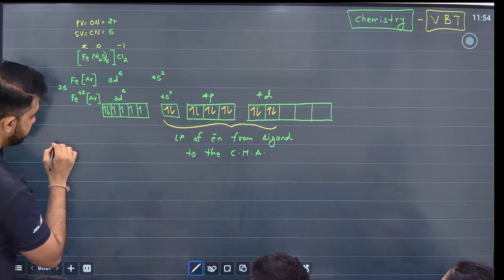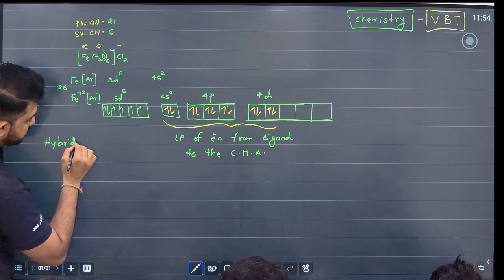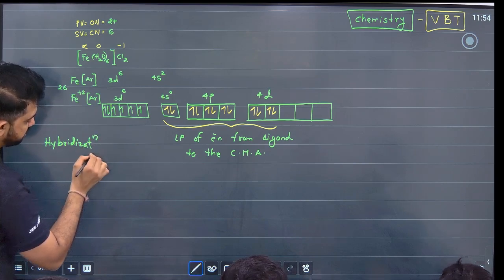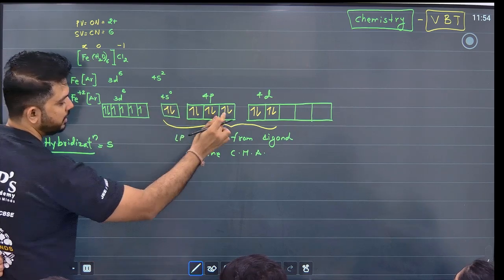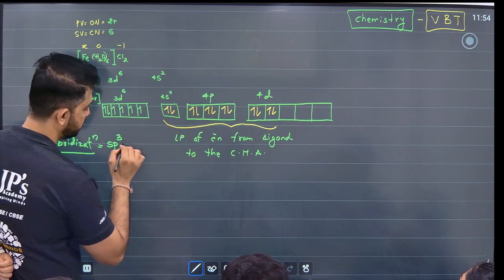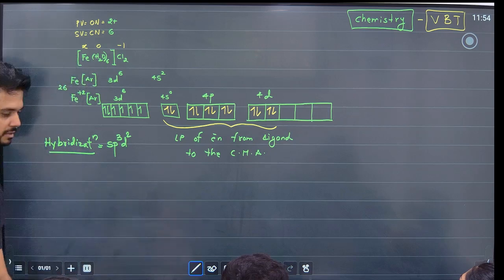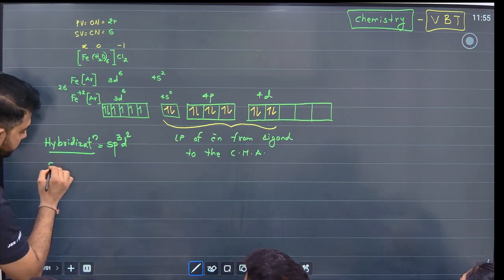So now, can someone give me the hybridization over here, please? We've used 1s. How many p's have we used? Or d? So what is the hybridization? sp3d2. Give me the geometry.